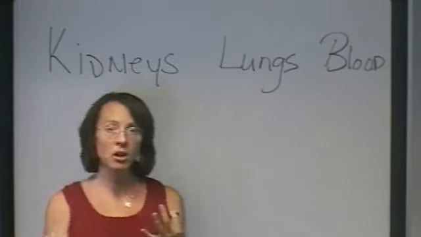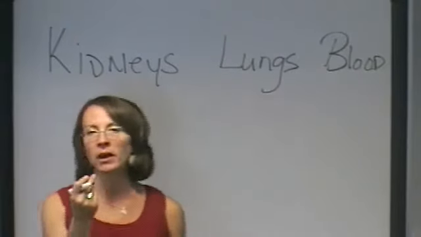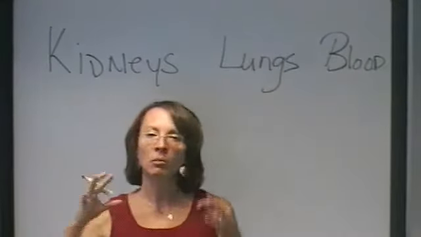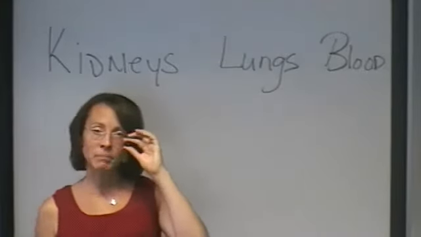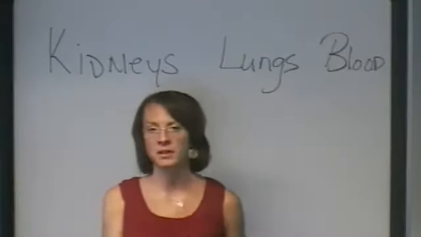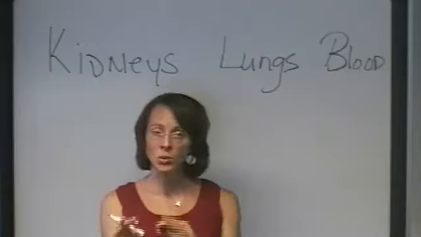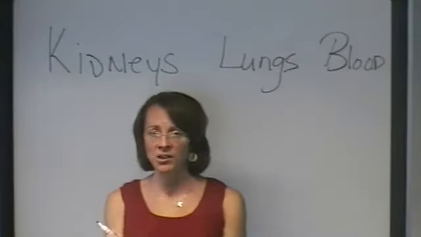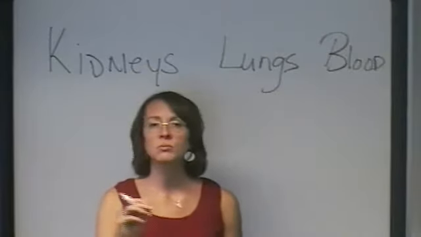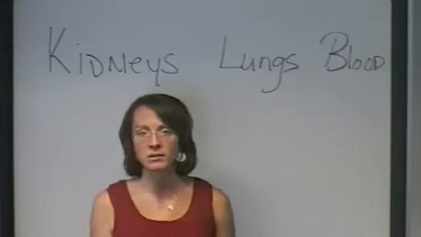We can actually buy bicarbonate. You can take a teaspoon of bicarbonate and eat it to help calm down an acidic stomach. Bicarbonate is a basic or alkaline substance, okay? So in the kidneys, we're going to either release or retain hydrogen ions, or release or retain bicarbonate ions.